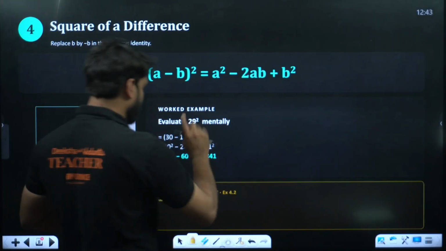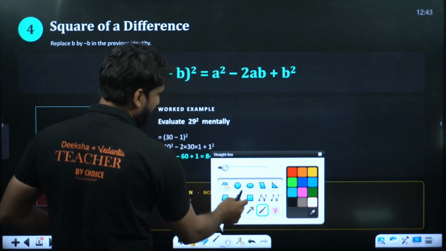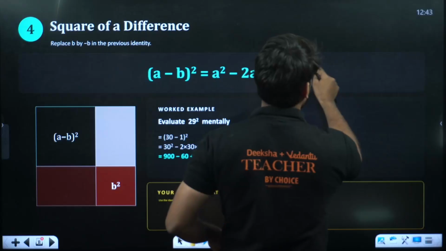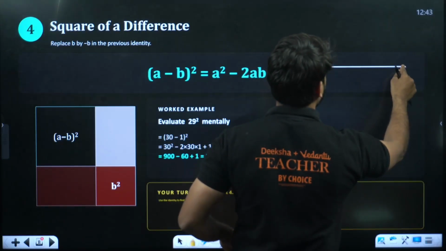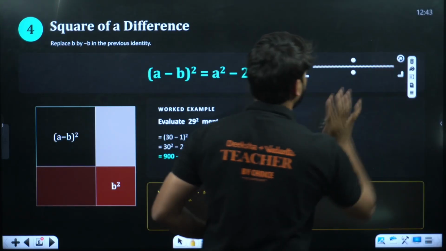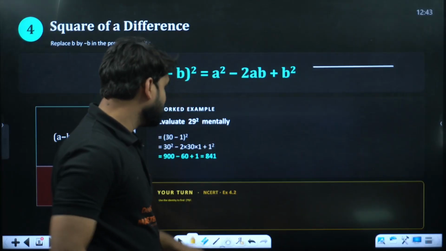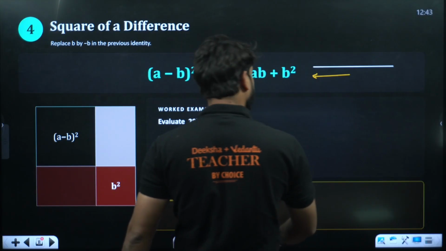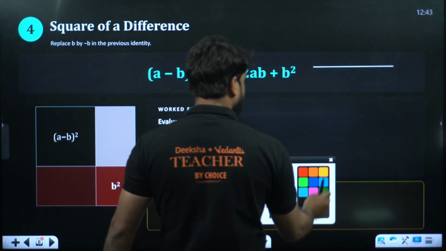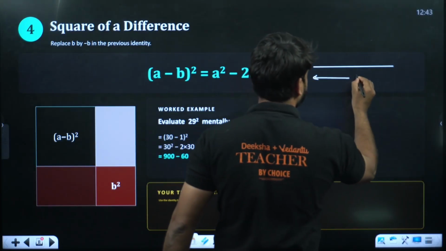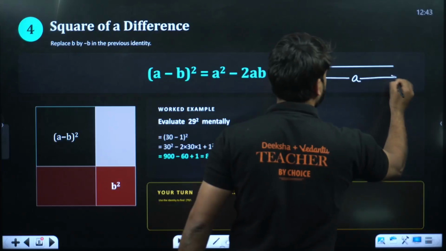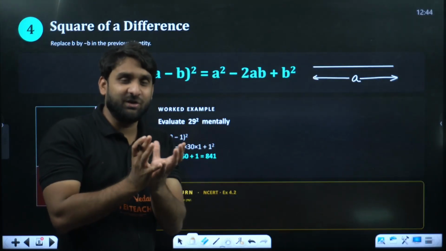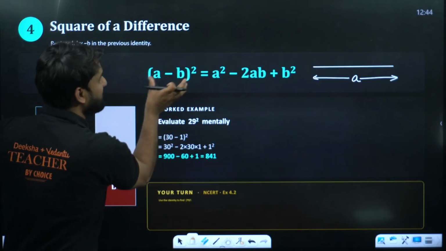To prove this identity, again we require a square of side A length. So mind here, this entire side, I am using white color itself, this complete side is A. But we require A minus B whole square.